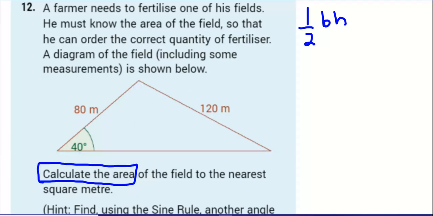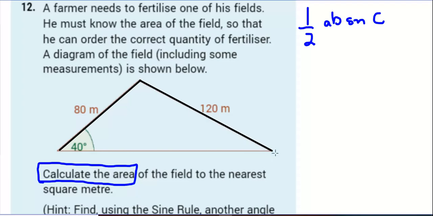So what do we do here? There's option B. What's option B? You learned it a couple of days ago: the formula for the area of a triangle, half AB sine C. So that's option B. Now, when you're using half AB sine C, what you need is two lengths. Do we have two lengths? We have these two lengths here, don't we?